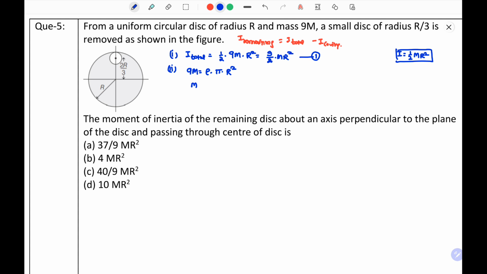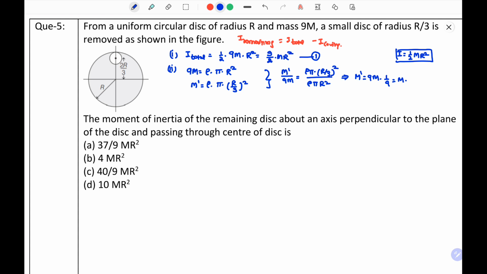So the mass is say M dash and the density is the same, and the area is pi into R by 3 square. So from these two equations we can write that M dash by 9M will equal rho pi into R by 3 square divided by rho pi R square. So this gives M dash is equal to 9M into 1 by 9, that is equal to M.